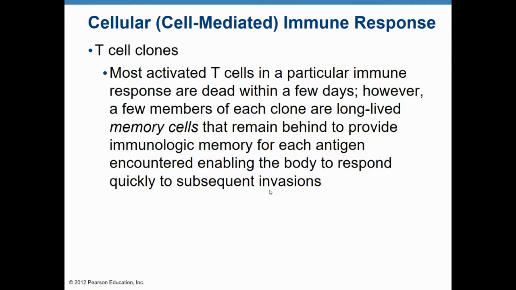And they provide our immunological memory for each antigen that we've encountered over the course of our lifetimes. So even an antigen that you encountered when you were 4, you still have memory cells against that antigen. So if you encounter it again, you're going to get that rapid second response to that antigen.